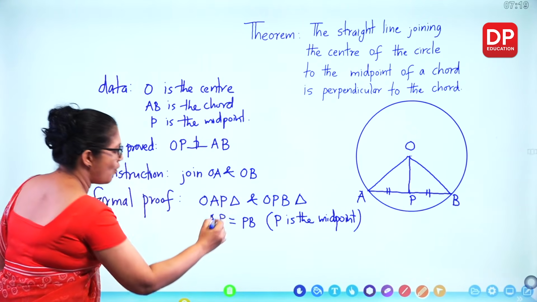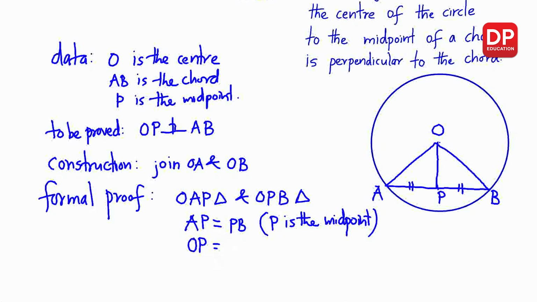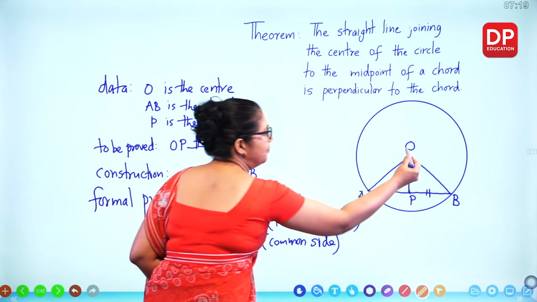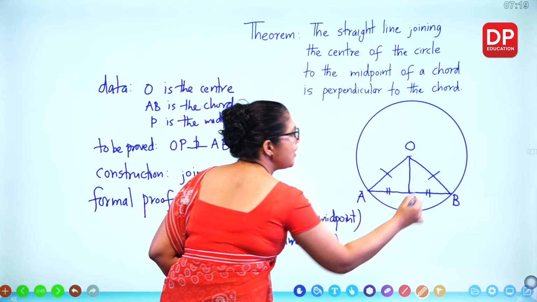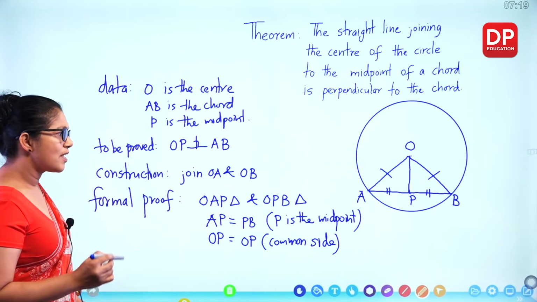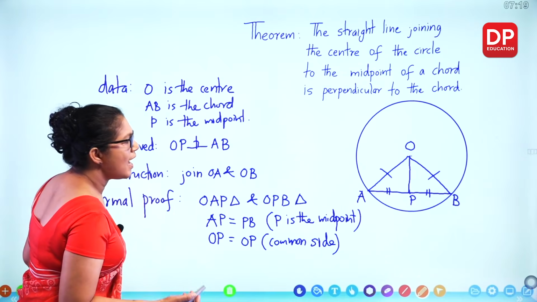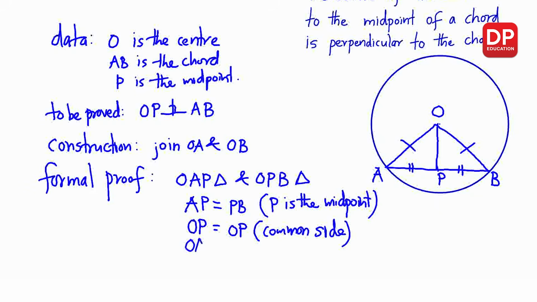Then we know OP is the same as OP. That's the common side. And what else do we know? What are OA and OB? Those are radii from the same circle. So those are equal. OA is equal to OB, radii from the same circle.